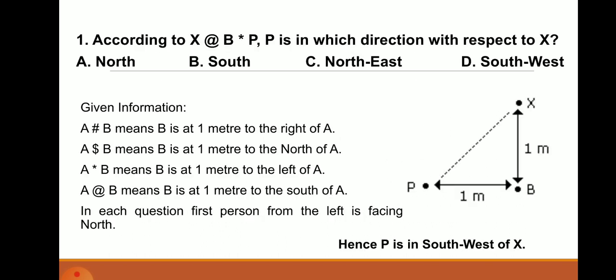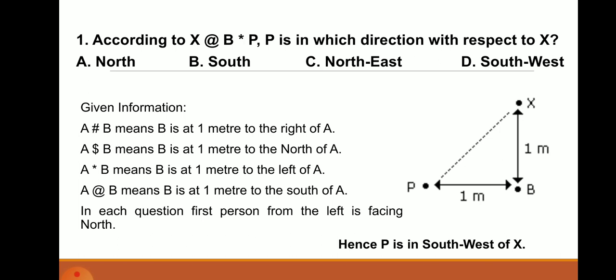According to X at the rate B star P, this is the instruction. P is in which direction with respect to X? The information given in the paragraph above was related to symbols and notations.